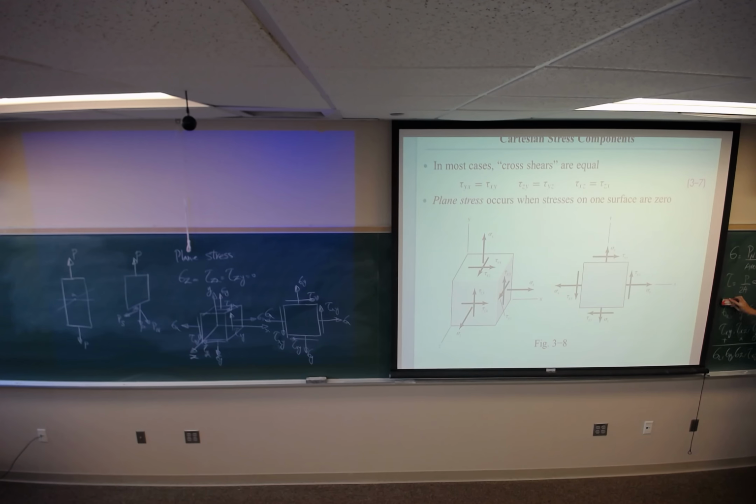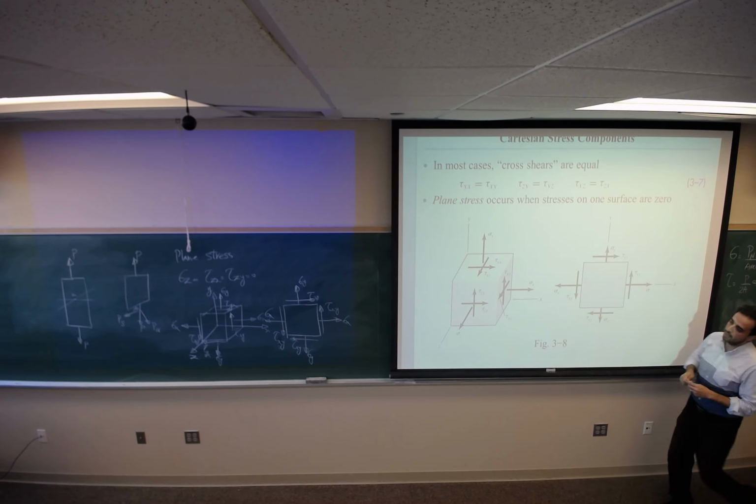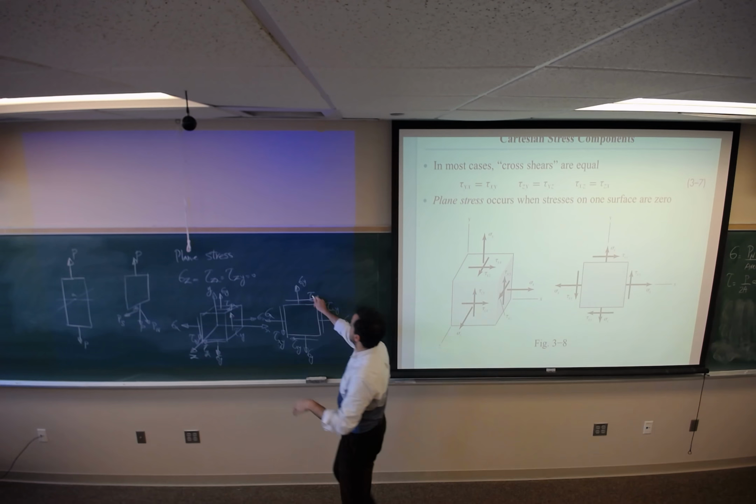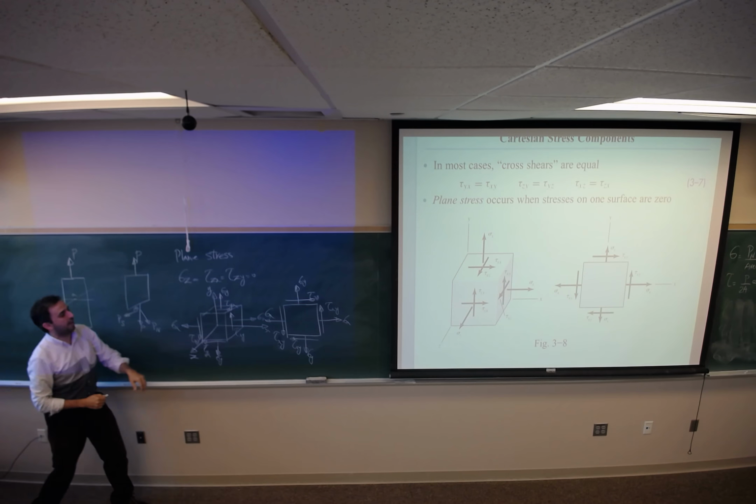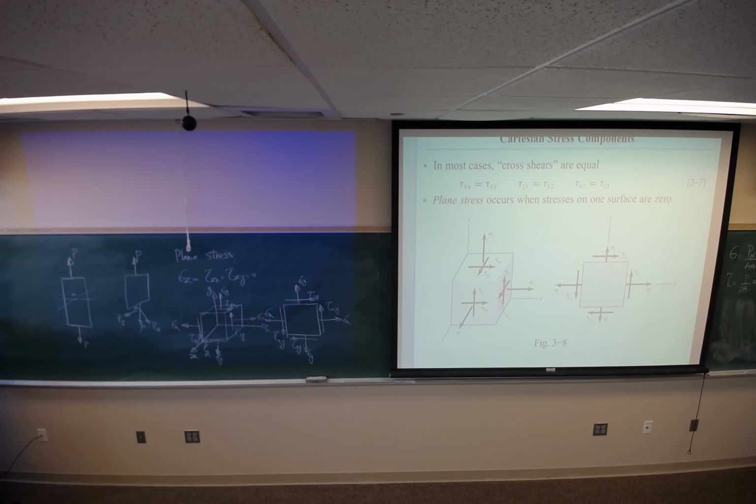Now, on last Monday's class, we would like to know how the stress terms, how sigma x, sigma y, tau xy are changing if I pick a different plane. So if I change the plane, for example, if I pick this plane, I'm gonna have something like this, if this angle is phi.